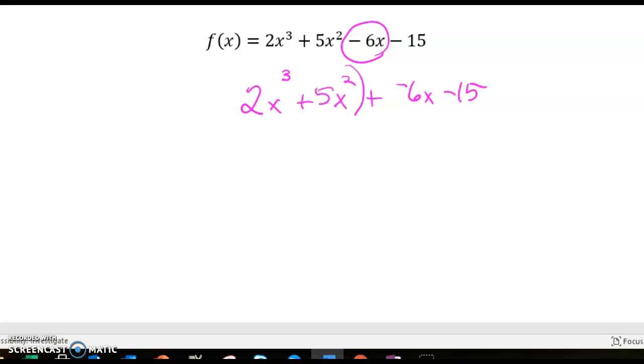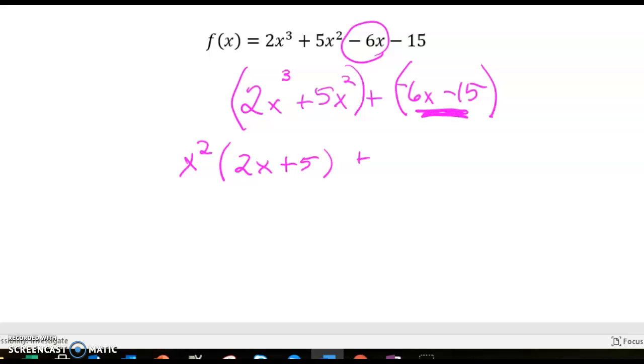So we group the first two, we group the back two, just like before. We factor out the GCF out of each set. So that would be x squared times 2x plus 5 plus factor out the GCF. This one you will always factor out a negative GCF. So it's going to be negative 3 times 2x plus 5.